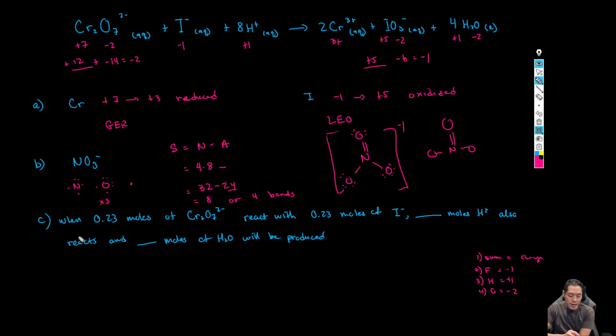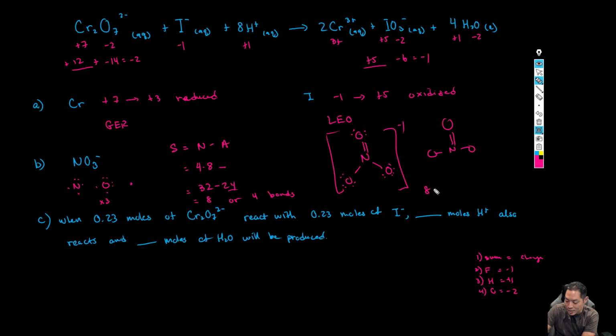All right. This is another ratio. So I have 0.23 moles of this, which is going to react with 2.23 moles of this. And how many of this? So this is 1, 1, and this is 8. So that means 1 of these and 1 of these are going to react with 8 of these, or 1 mole, 8 moles. In this case, it's 0.23, 0.23.